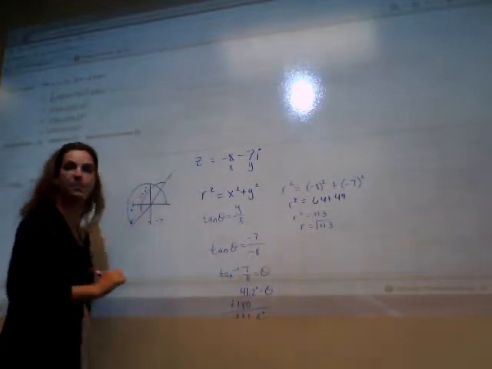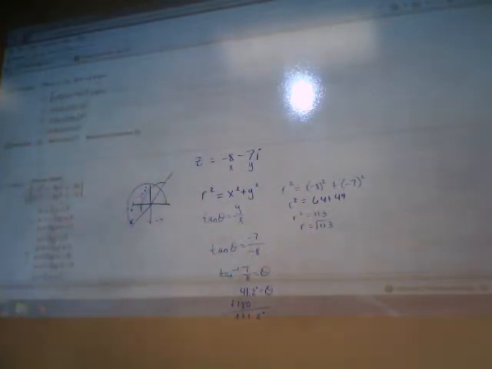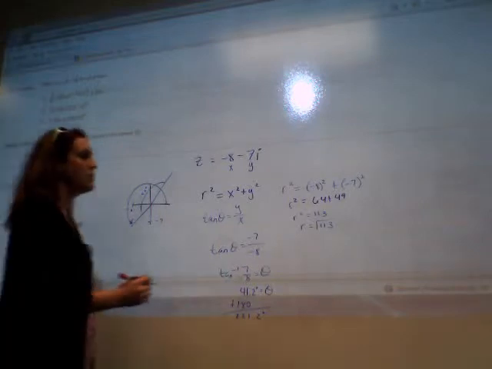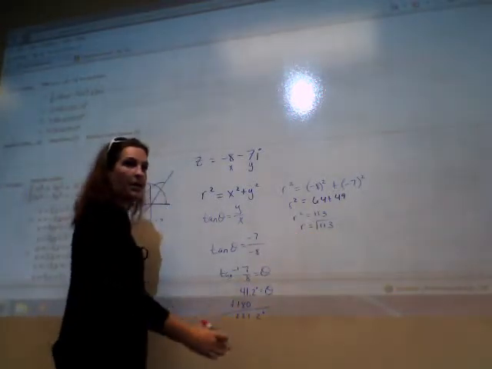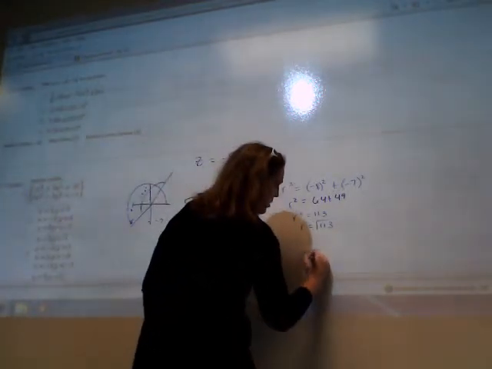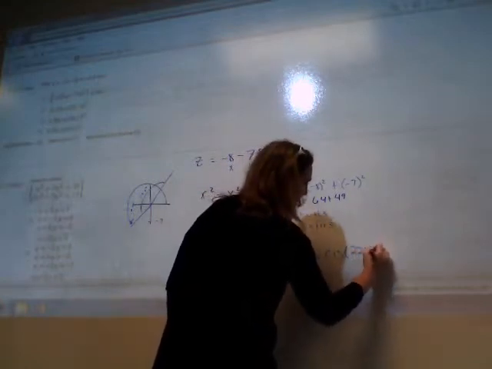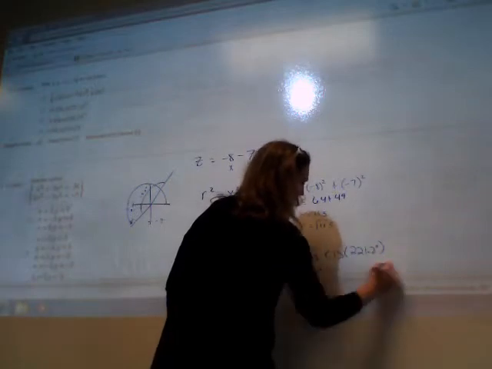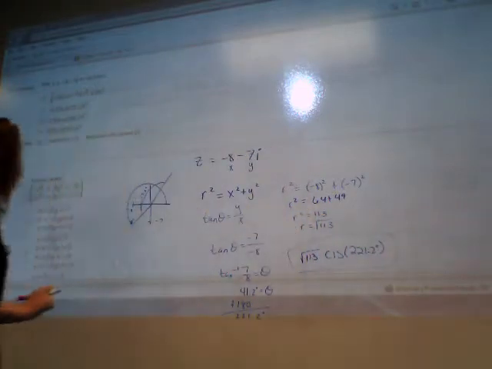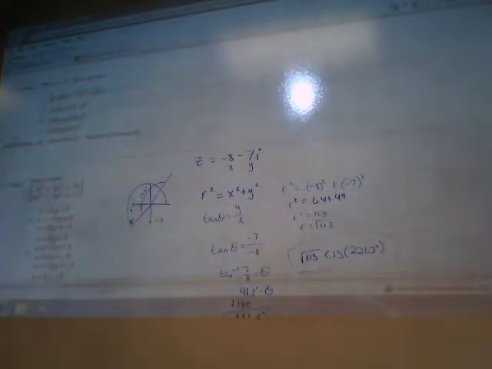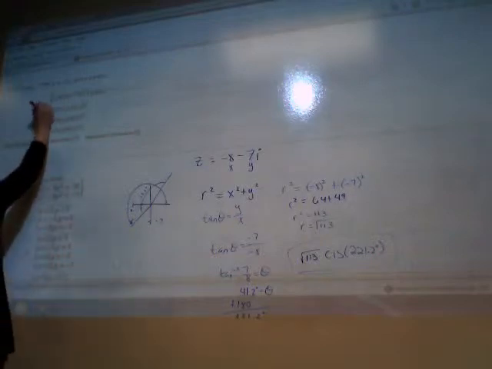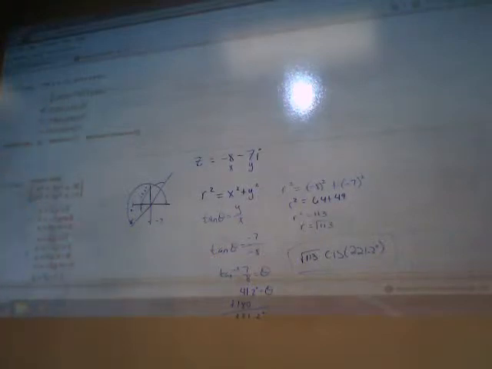We get 221.2. Okay. So putting this in CIS form, now we simply take our r and our theta and put them in. So we have root 113 CIS 221.2 degrees. Okay, everybody okay with that? And I'm going to assume that 10.63 is the square root of 113.